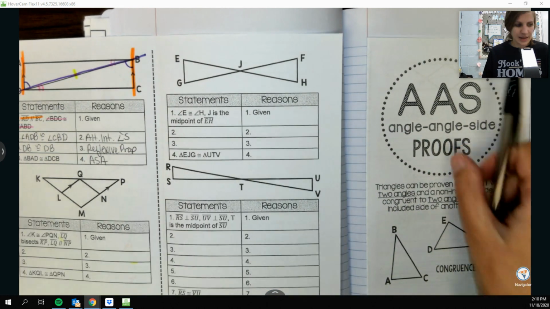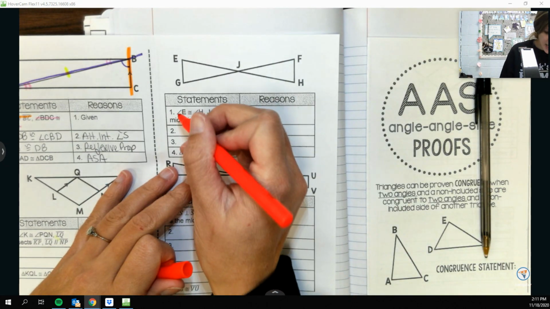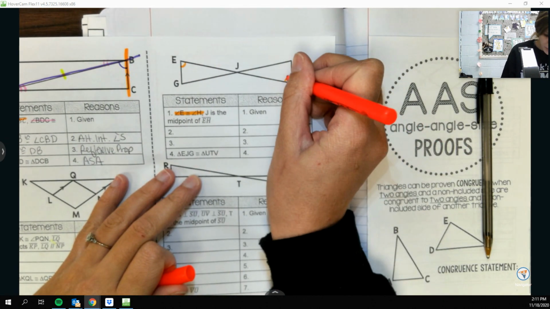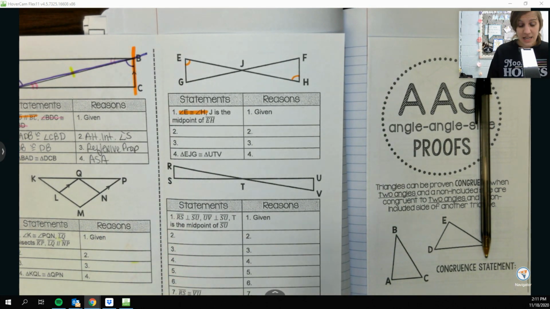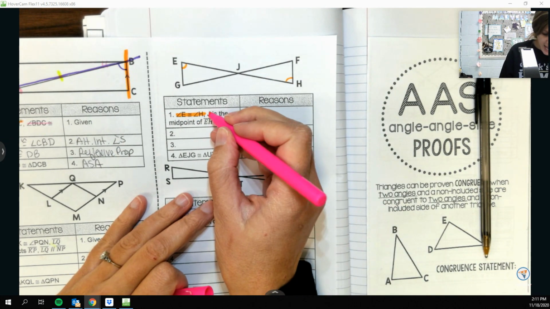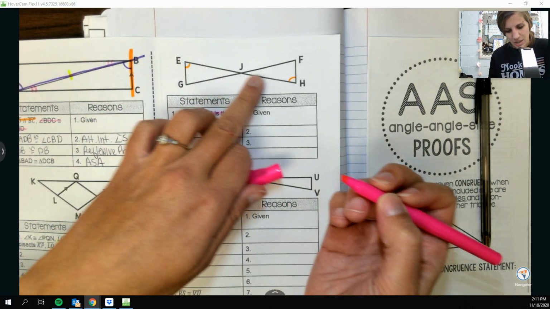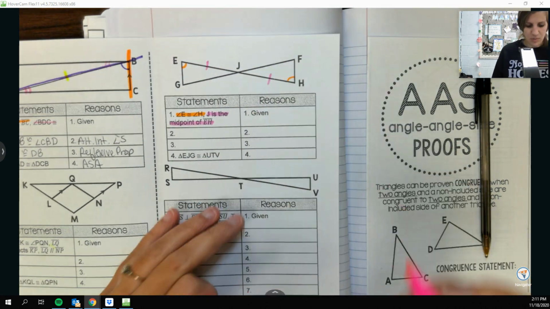Alrighty, let's try another one like that. So on this one here, they tell me that angle E is congruent to angle H. Straight up. Then they tell you that J is the midpoint of EH. So on EH, J is in the middle, cutting those in half.